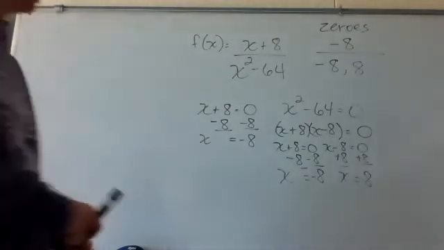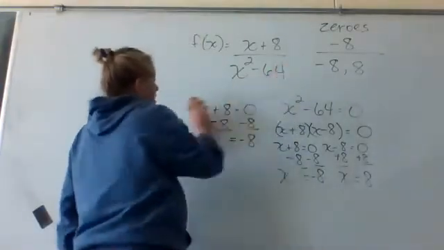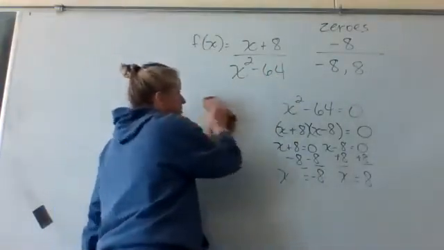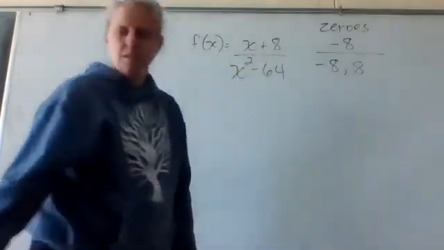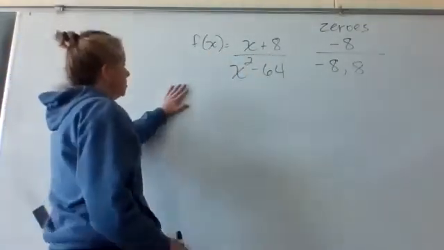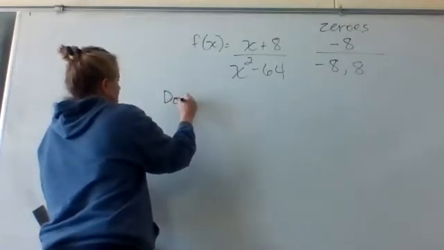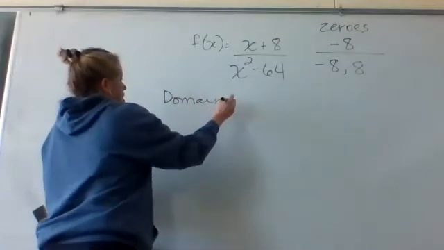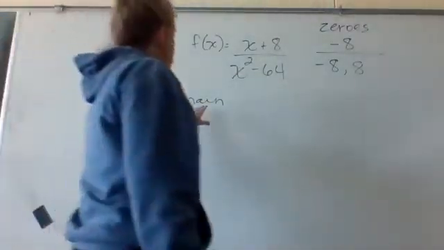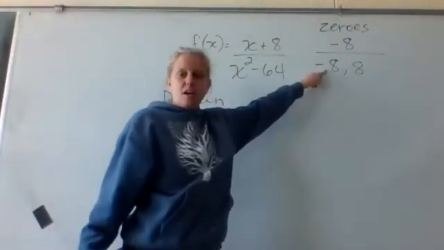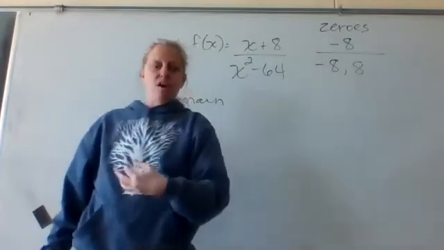Now I'm going to use those to help me answer most of the problem. So the first thing it's going to ask me is, what is the domain of this function? Remember, where do you go for domain? Zeros of the denominator, and leave those out.